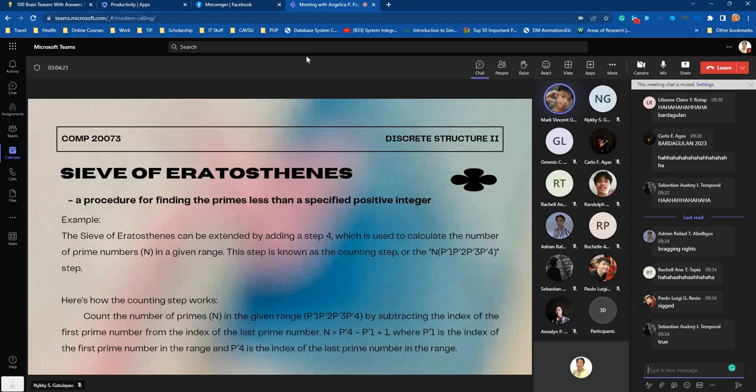Count the number of prime numbers in the given range, p prime sub 1, p prime sub 2, p prime sub 3, p prime sub 4, by subtracting the index of the first prime number from the index of the last prime number: n equals p prime sub 4 minus p prime sub 1 plus 1, wherein p prime sub 1 is the index of the first prime number in the range and p prime sub 4 is the index of the last prime number in the range. Next slide, please.